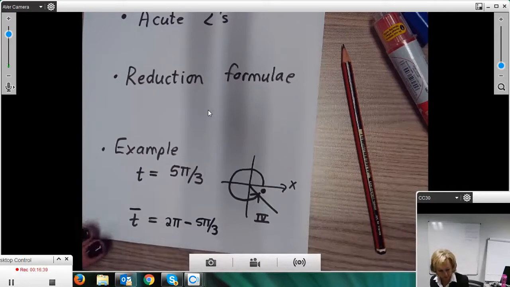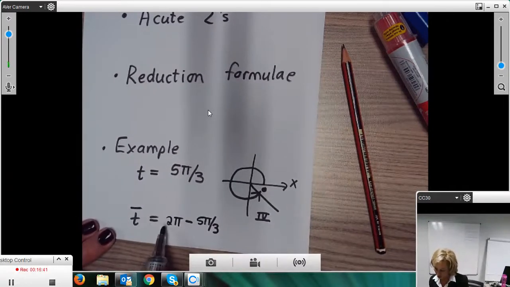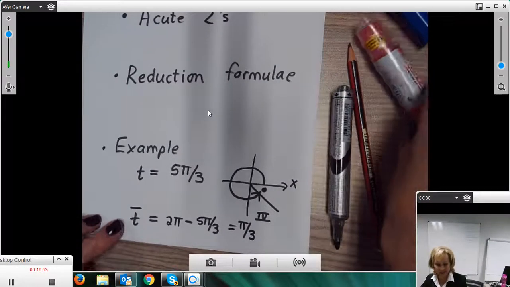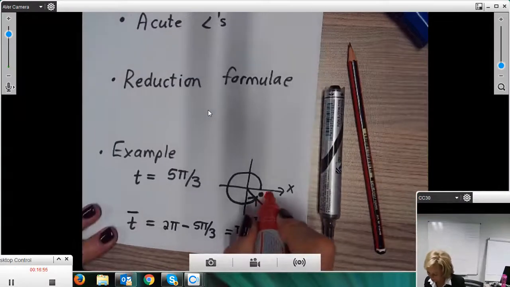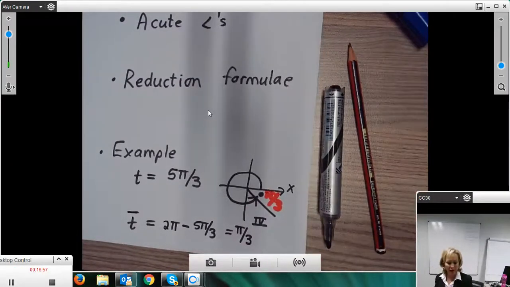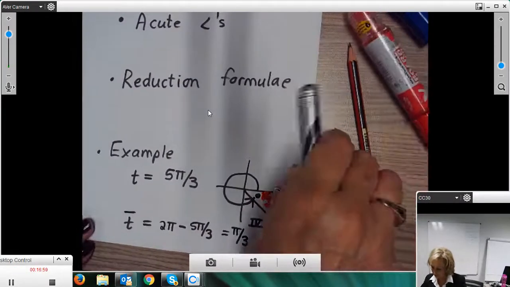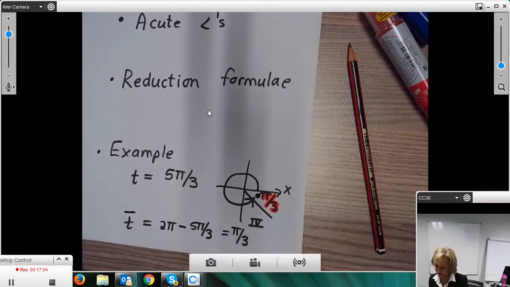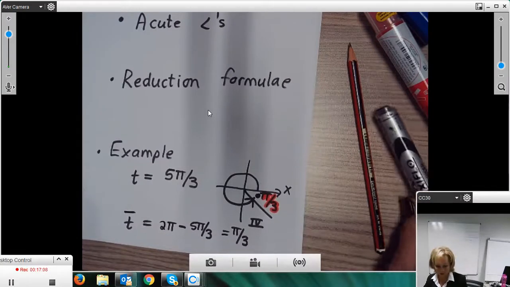You don't need a calculator to do that, because you know that 2 pi is actually 6 pi over 3. So it's 6 pi minus 5 pi over 3, which gives me pi over 3. So this angle here is what is referred to as the reference angle. It is pi by 3 and it satisfies everything: it's acute. You've reduced it, and that is your reference angle.